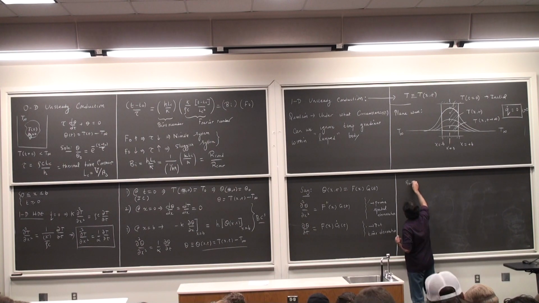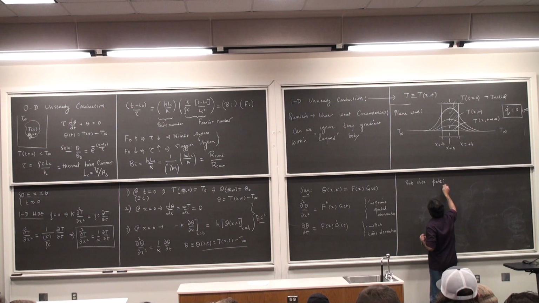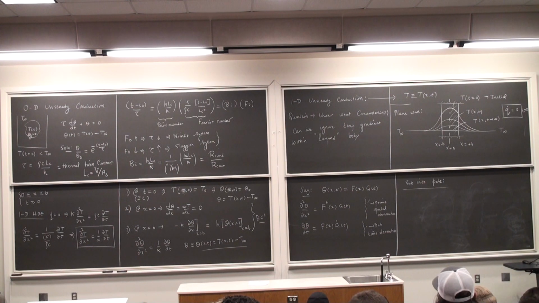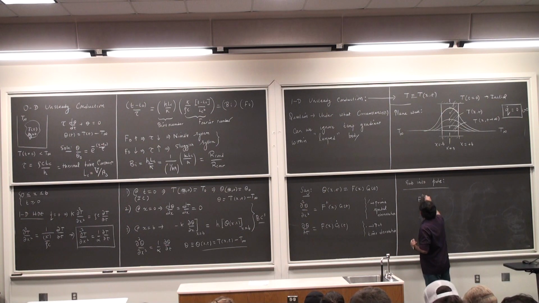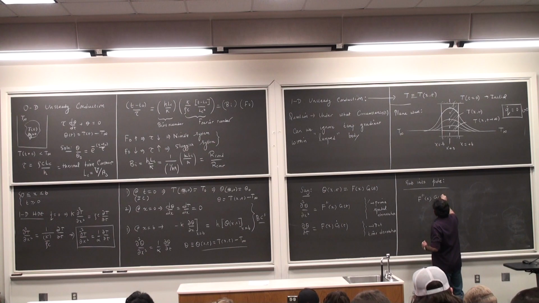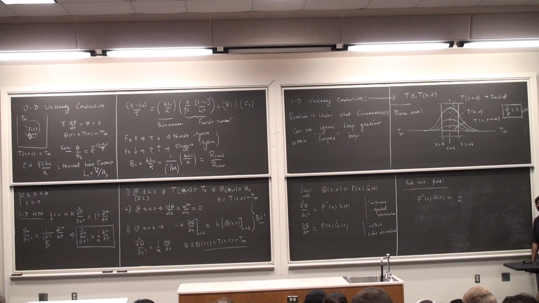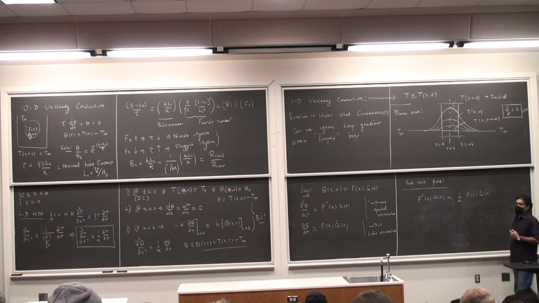So substitute into the PDE. If I do that, I end up getting the following. So f double prime g of t is 1 by alpha, d theta by dt, is f of x g dot of t.